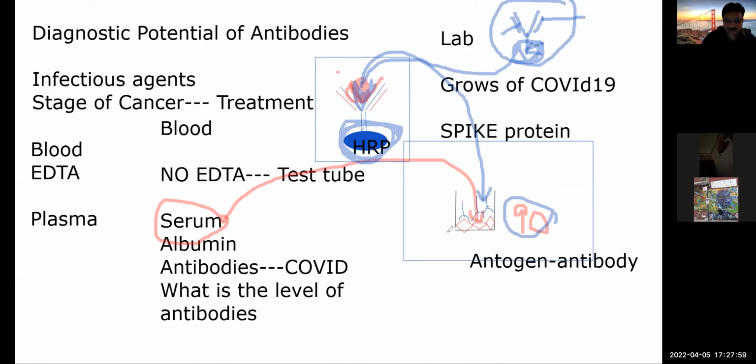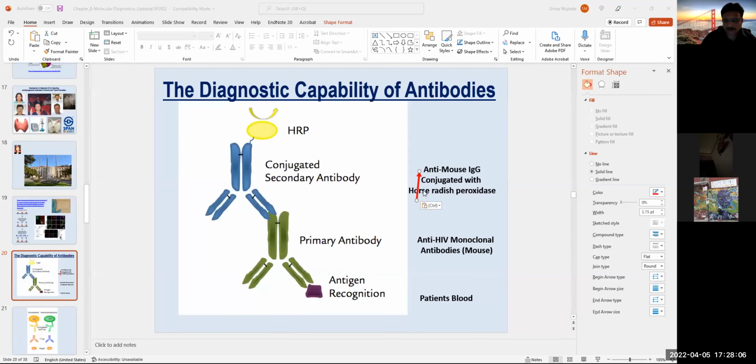So there will be a circuit here. Let's look at the circuit. If you look at this slide, this is the antigen, let's say COVID-19 spike protein. This is my antibody, that is the primary antibody. The secondary antibody can bind to the Fc portion of my antibody, and it is a chimeric molecule which has an enzyme. So what does an enzyme do?